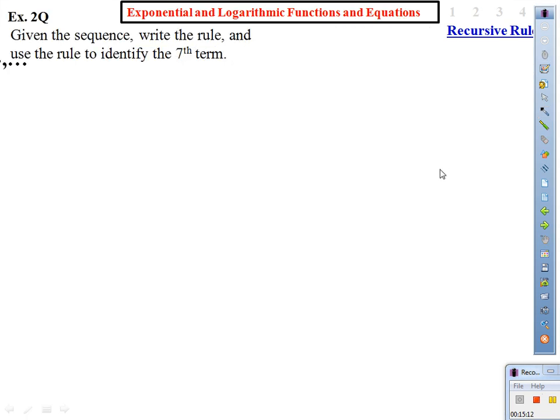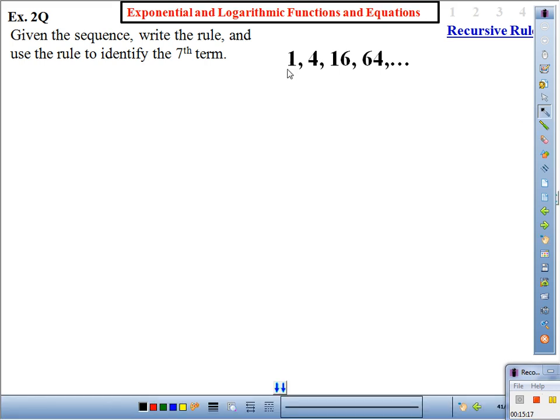Let me show you an example of a geometric. Look at it. What's happening from here to here to here to here to here to here? Times 4. If it's multiplying, then this is considered r.